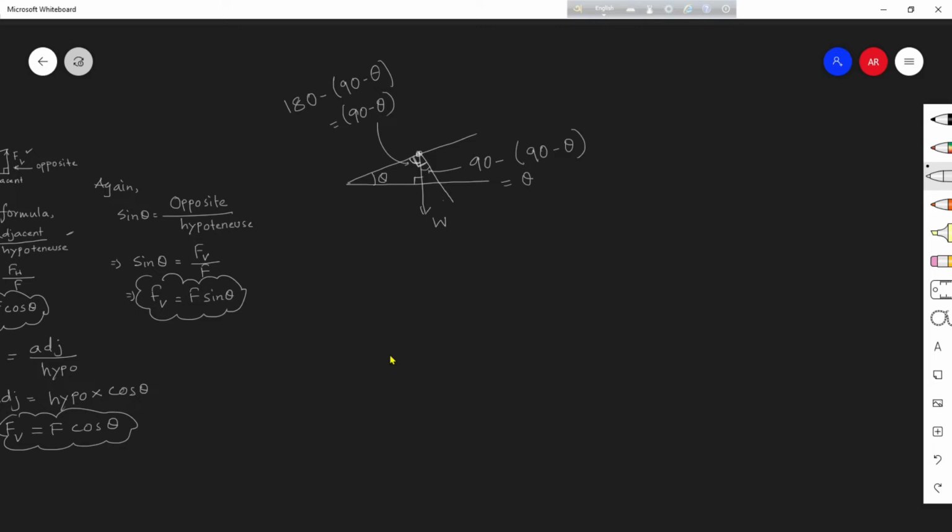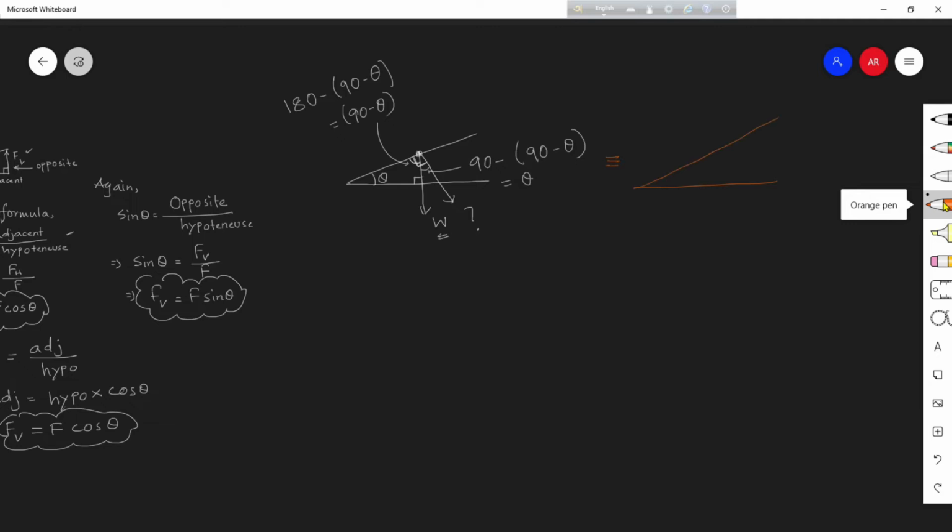Theta is the angle that the inclined slope makes with the ground, the horizontal. If this is theta, weight makes 90 degrees with the ground, the horizontal. So in this right angle triangle, this one is 90 minus theta, and the angle between the perpendicular to the slope and the weight is theta.